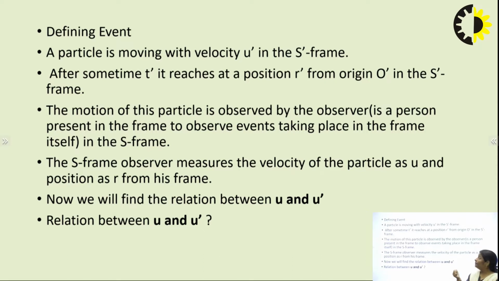Person is present in the S frame, so that person is the observer for the S frame. Person is present in the S dash frame, that person will be observer for the S dash frame. So, the person who is present in S frame is able to observe the motion which is done in the S dash frame.